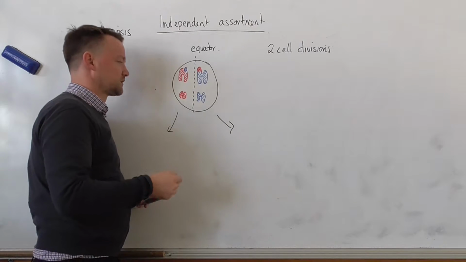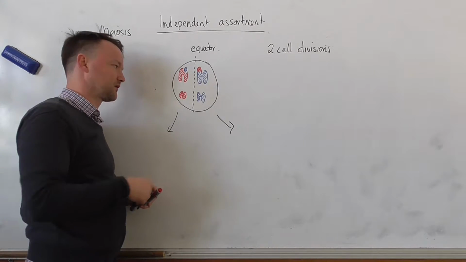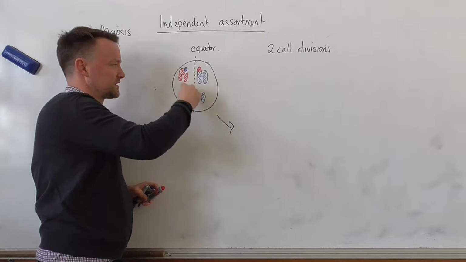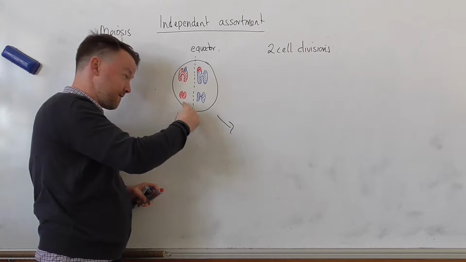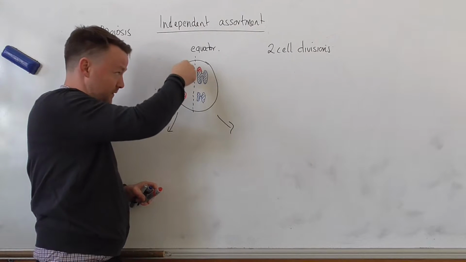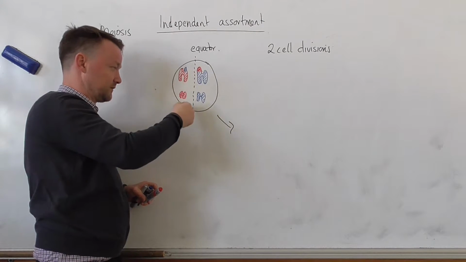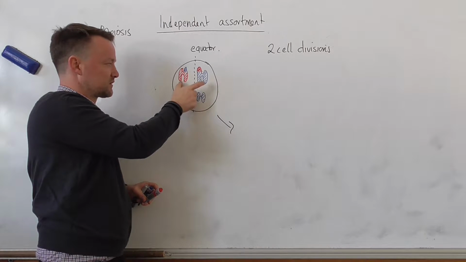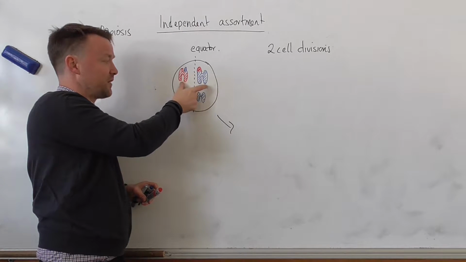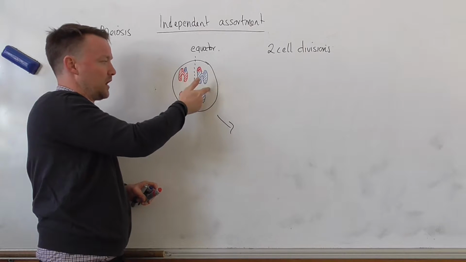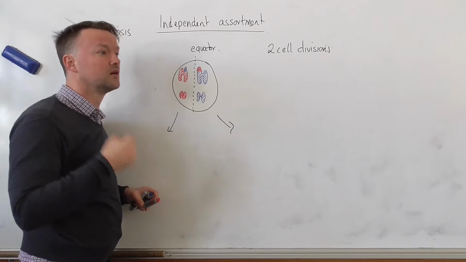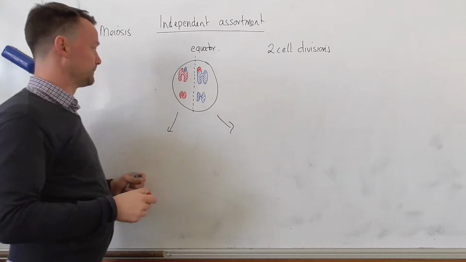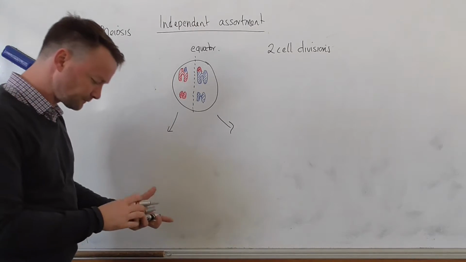So this is one scenario. The way that these two line up here does not affect these two. In other words, the maternal ones won't all line up on the same side. So each pair of homologous chromosomes lines up on different sides of the equator, and it's a random process to create genetic variation. So this is scenario one.